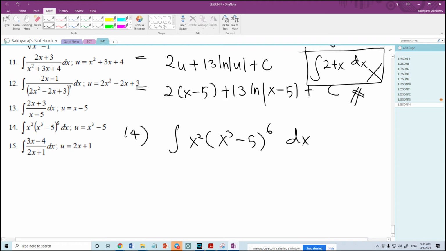So answer, your u is actually x power of 3 minus 5. I think this one no problem for you lah. Should be no problem for you.